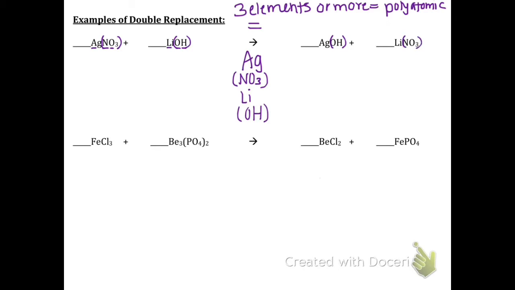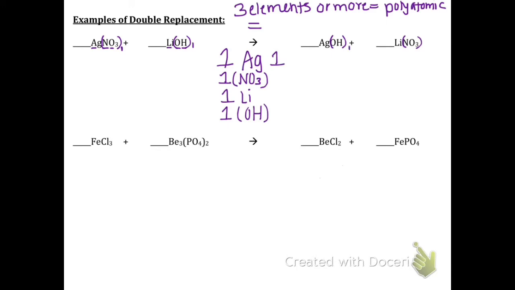Okay. So how many silvers do I have? I have 1. Now look right here, the NO3s, there's not a number here, so we assume that there is 1. There is no number next to the lithium, so it's 1. There's no number next to the OH, so we assume 1. Here on the right-hand side, we have 1 silver.